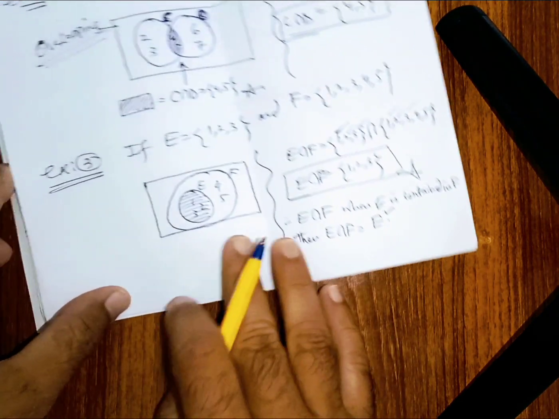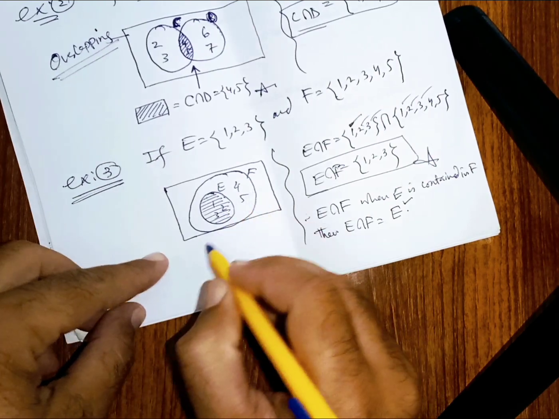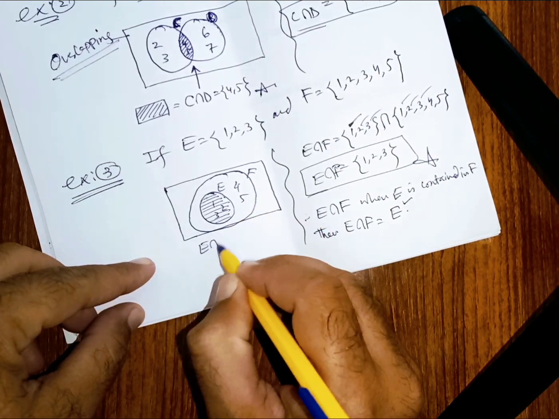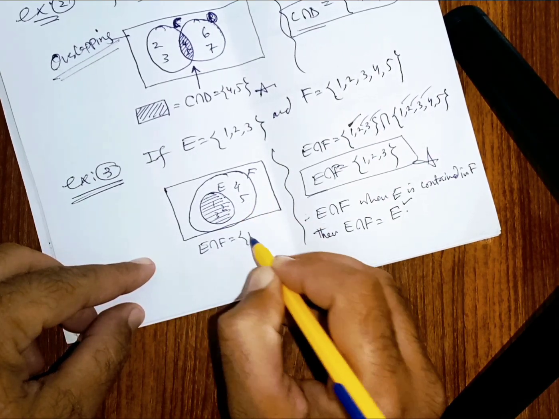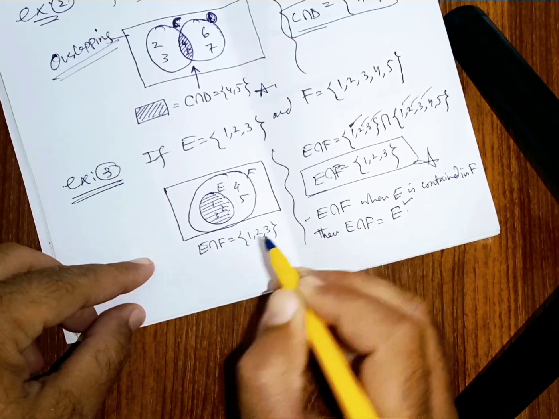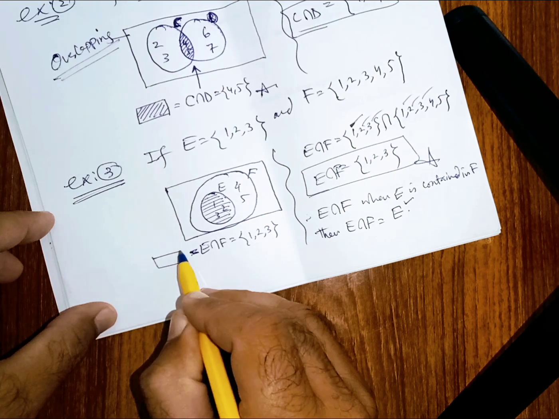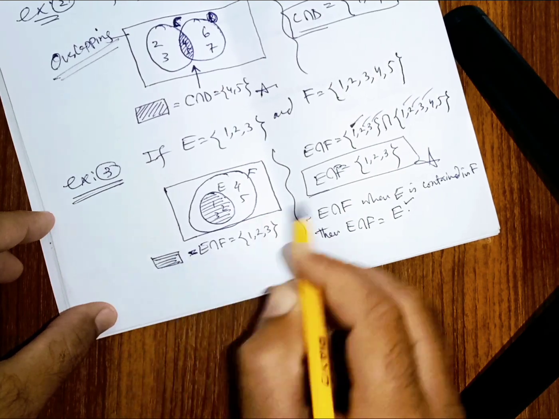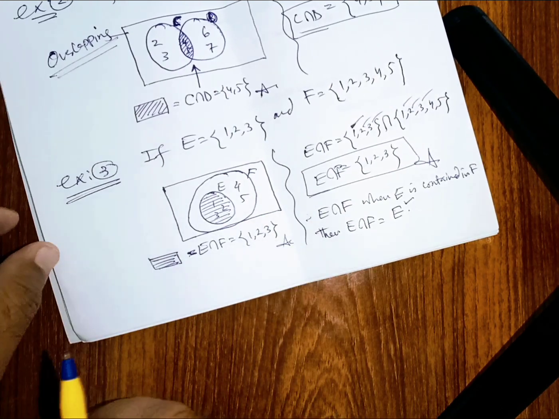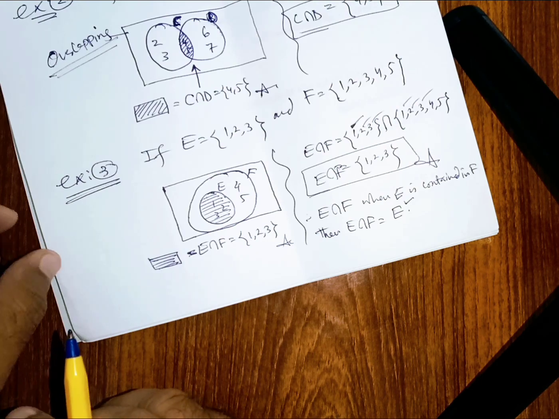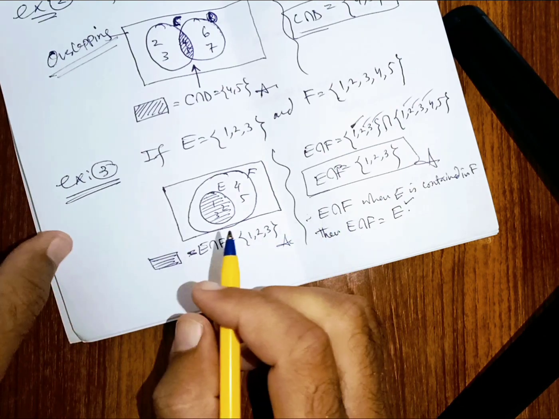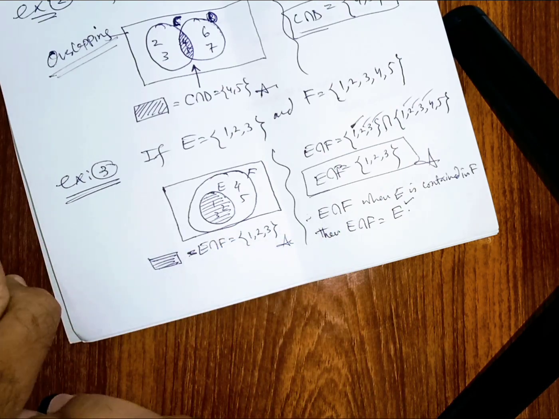So this is our answer, E intersection F, which is equal to 1 2 3, and it is shaded in this box this way. This is our answer, and after this, I hope you have understood.